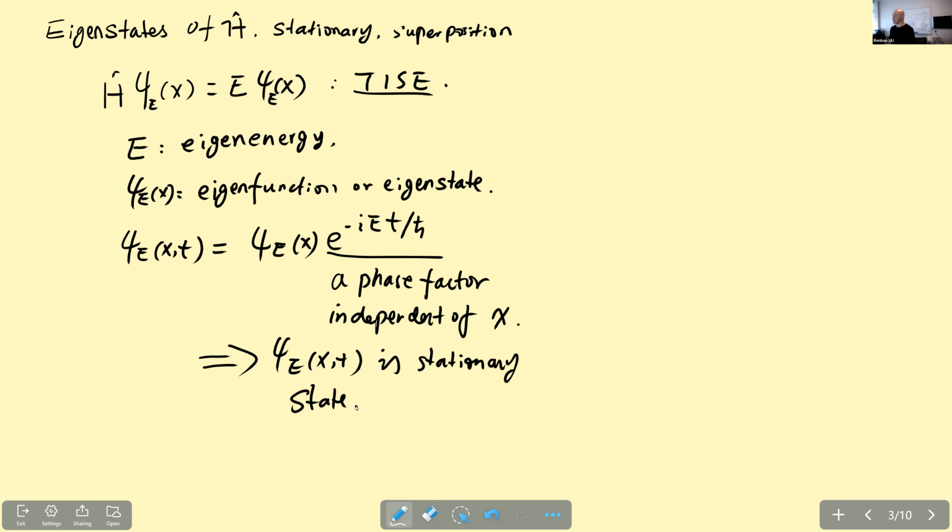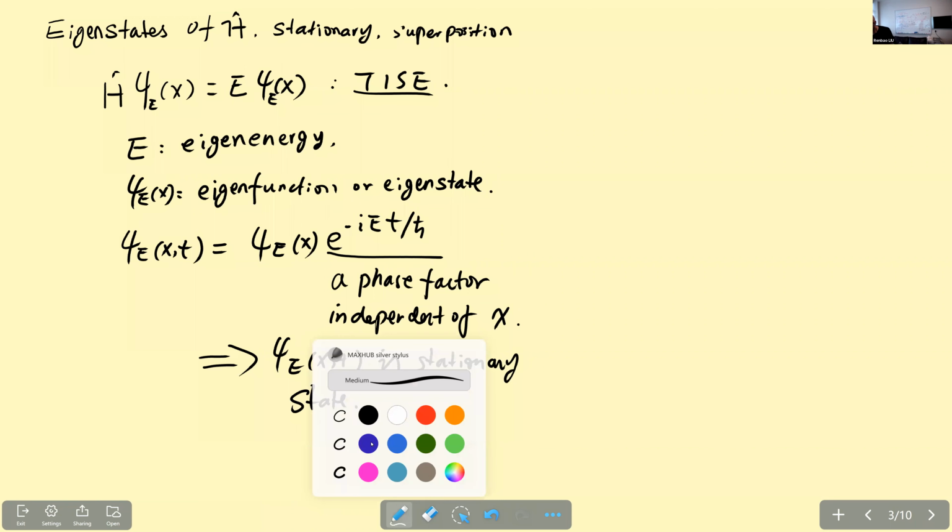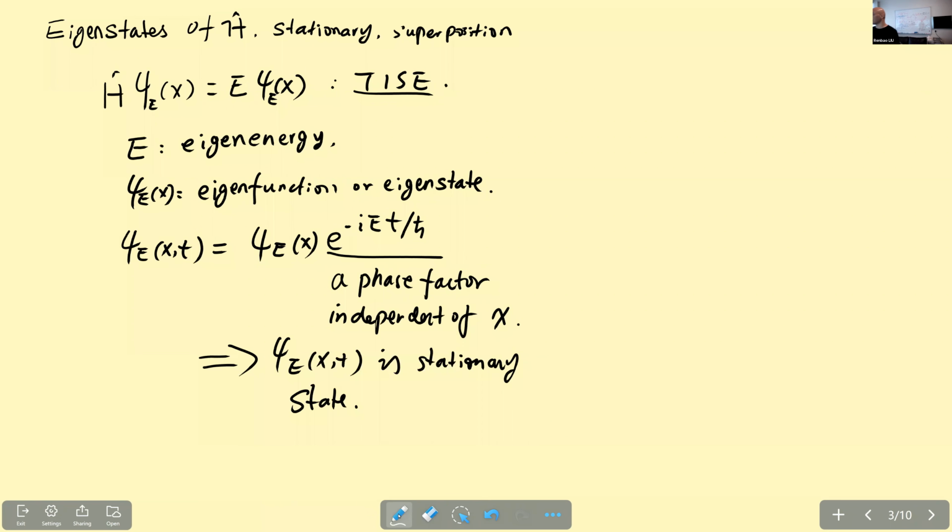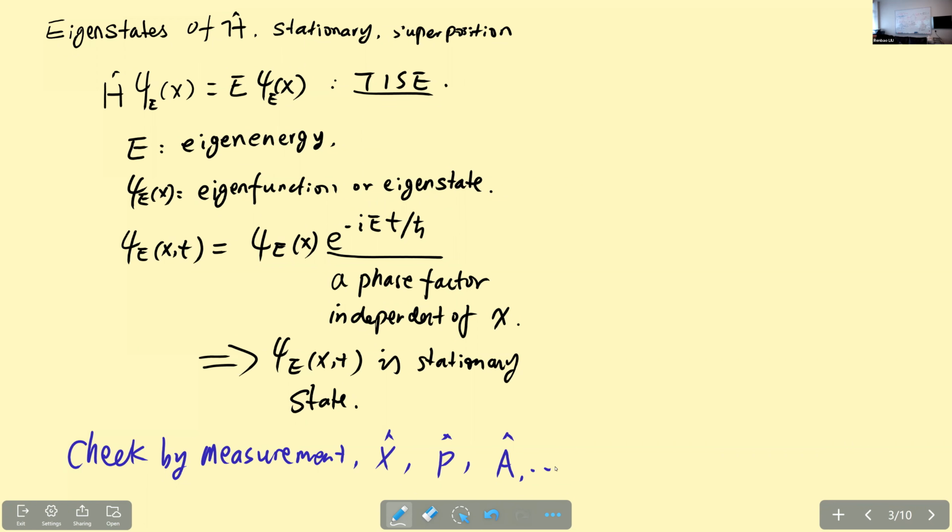And to show this, let's do the measurement, right? So to demonstrate the one, let's check by measurement. That means suppose you prepare the state, okay, and you do the measurement, and do this one for x or p or any physical quantities, and so on and so forth, okay.